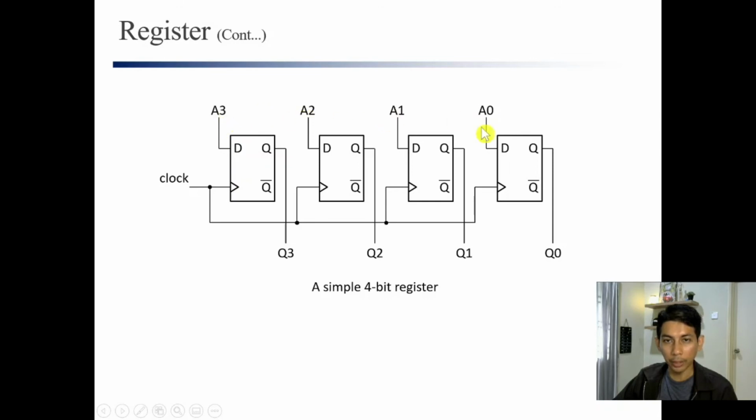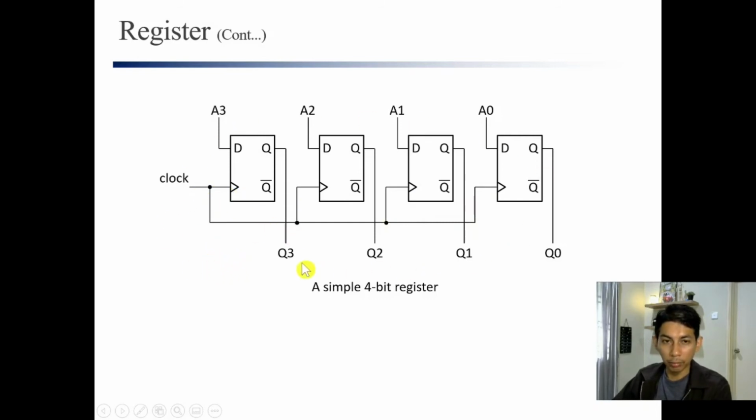A3, A2, A1, A0 is the input to the flip-flops, and the output is Q3, Q2, Q1, Q0, connected to the same or common clock here, the same clock signal. Then you get the register. So actually easy, right? Just have more than one flip-flop, and you can have a register already. Just connect them to the same clock.